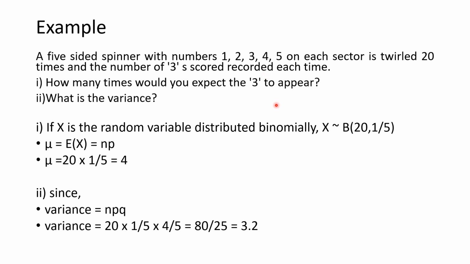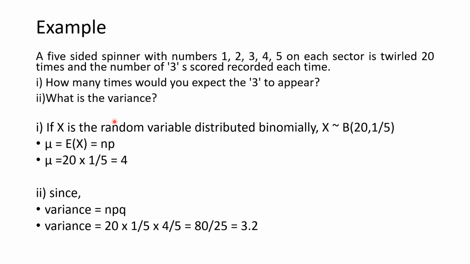So the probability of getting a 3 each time is 1 out of 5. We are setting getting a 3 as a success here. Your expectation, how many times you would expect the 3 to appear, is NP, so N multiplied by P is 4.